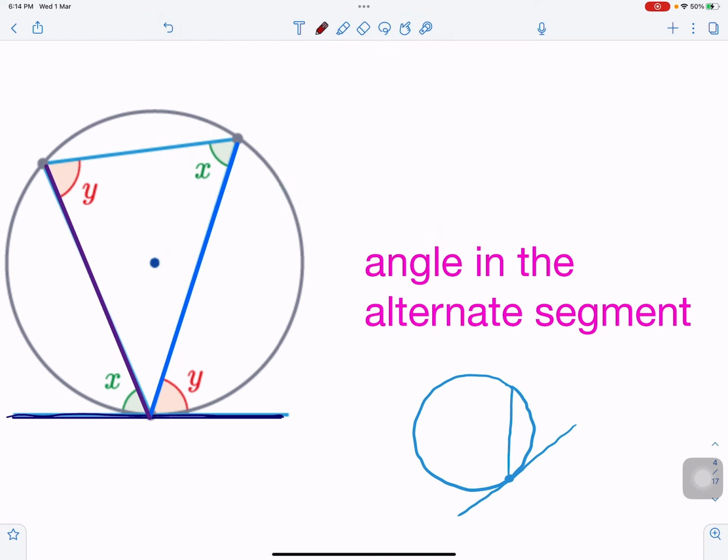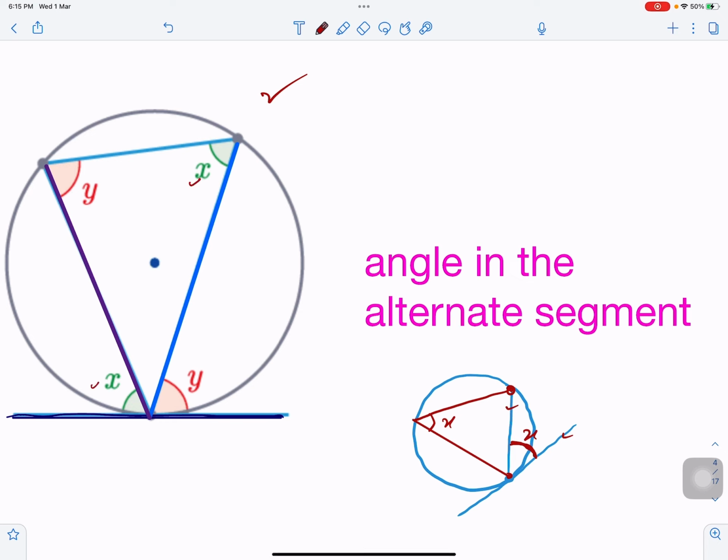Then the angle between the chord and the tangent, this is my chord, this is my tangent, will be equal to the angle made by the chord on the other side on the circumference. So this angle will be equal to this angle. In this diagram, x equals x.